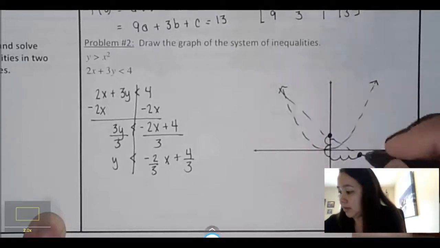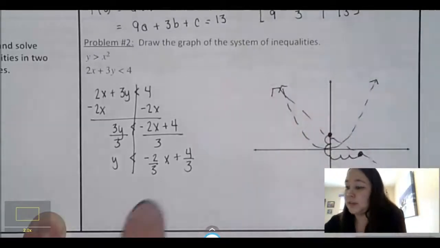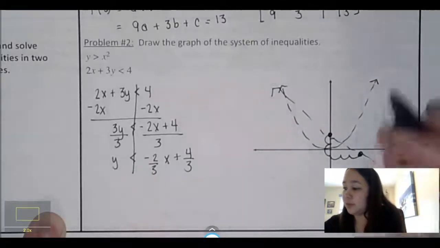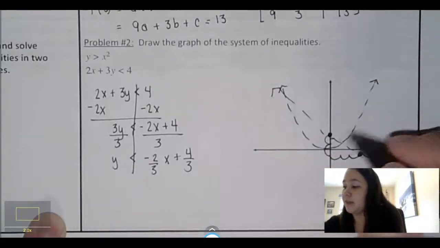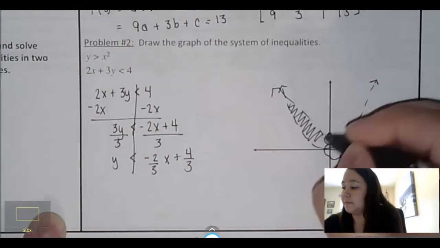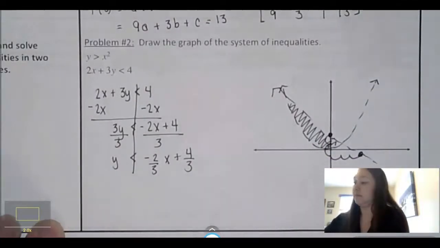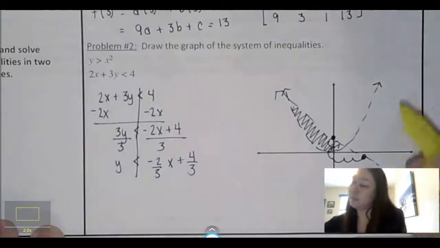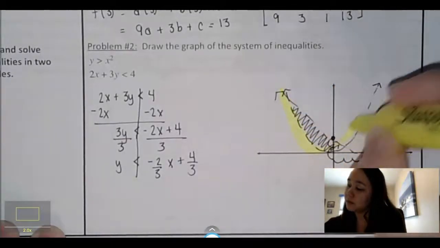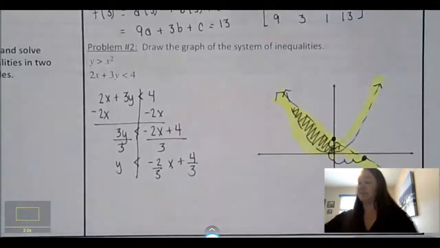And it is a dotted line because it's not underlined. So y is less than, so I'm going to shade below this line and above this line. So this area here is what's shaded. That's your answer.